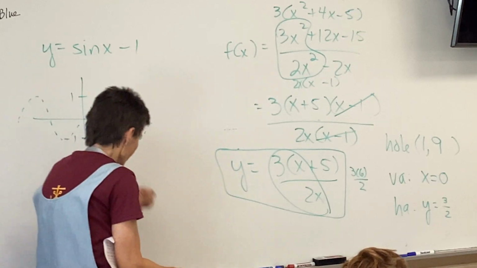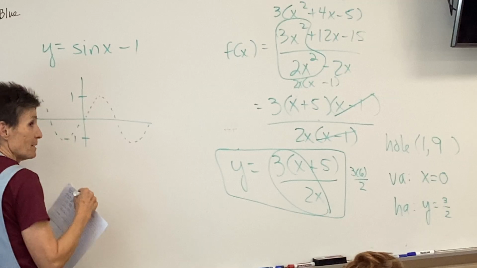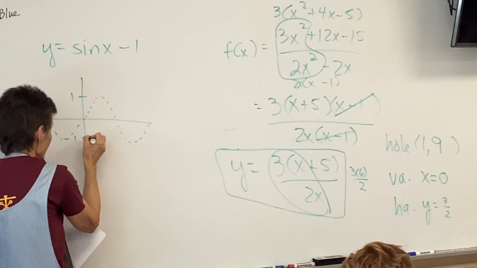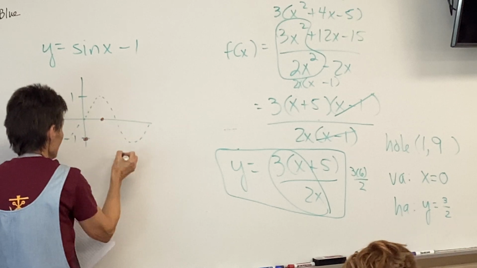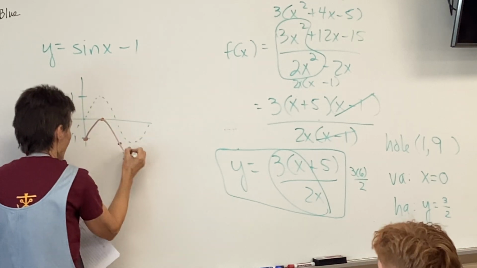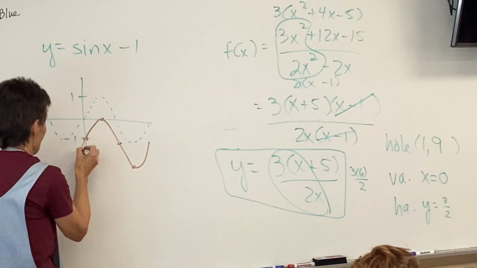What am I doing to this sine? I am dropping it down 1. So that is gonna be here, here, here. So it's gonna look like this. Would you agree with that?